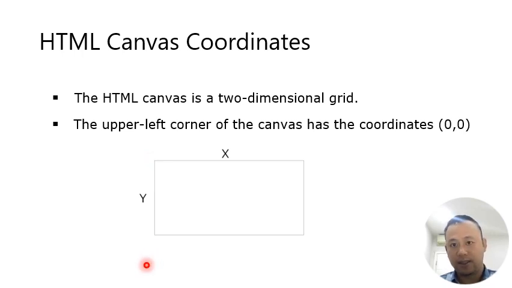So understanding the coordinate system is crucial for accurate drawing on the canvas. So here this is 0 and 0, the top left corner of the canvas. The x axis increases to the right and the y axis increases downwards. Maybe this is the width and this is the height for the object.